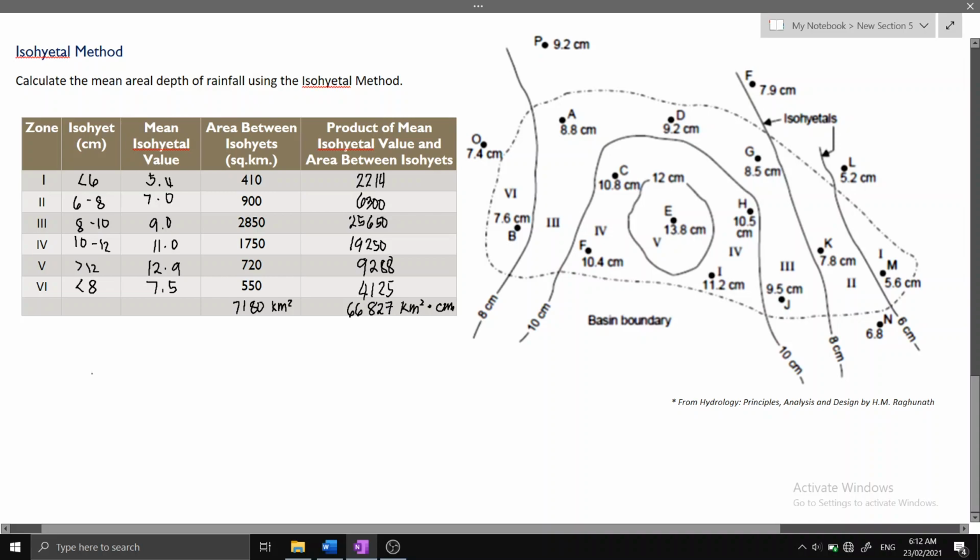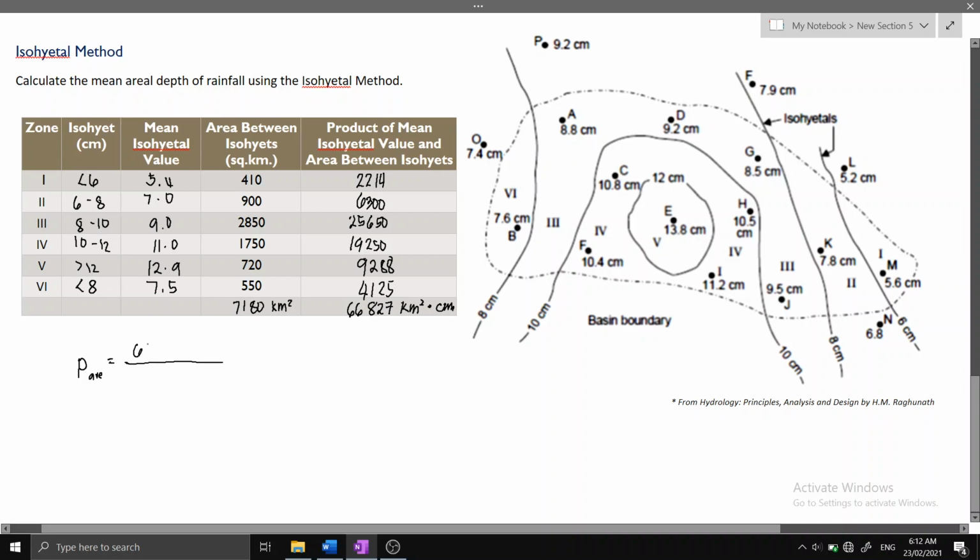So in order to get the average precipitation in the area, this is simply the P average is equal to the summation of the product of the mean isohyetal value and area between isohyets all over the total area.